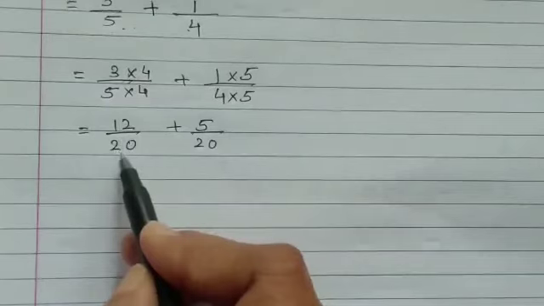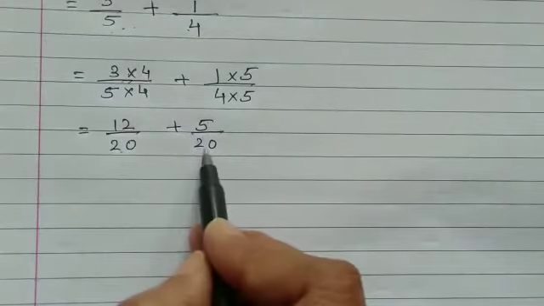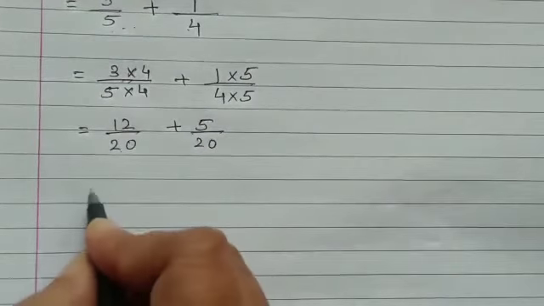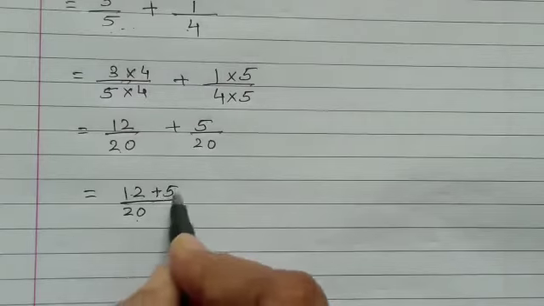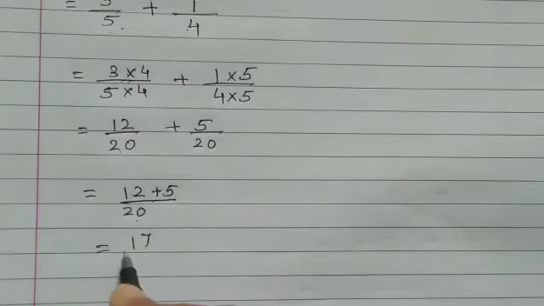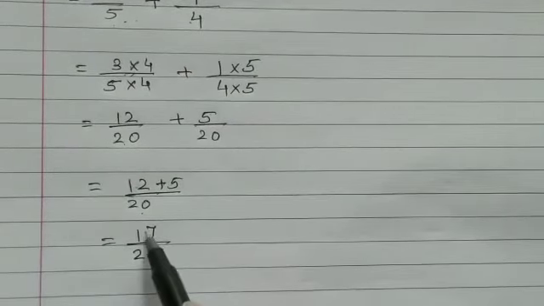So you get 12 upon 20 plus 5 upon 20. Now the denominators are same, so you have to add the numerator. So you get 12 plus 5 upon 20, that is 17 upon 20. So the final answer is 17 upon 20.